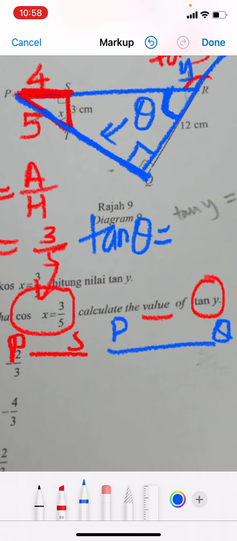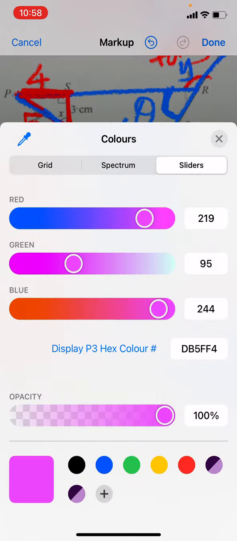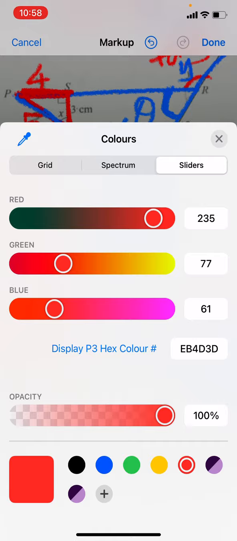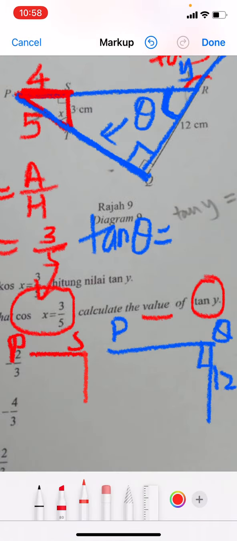But then we were given this length, which is 12, and if you compare to this length, which is given as 3, right? Obviously you can relate them by size. This is actually 4 times.